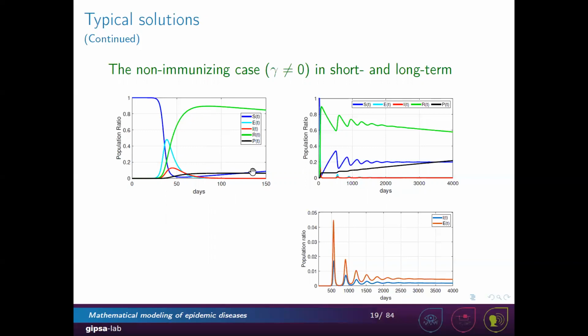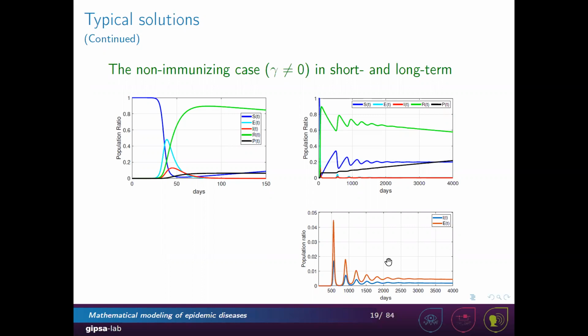If we extend the simulation period to, say, something like 10 years, 4,000 days, we can see that even in this simulation, we have repeated peaks of infected and exposed people. Of course, the period of repetition depends on the parameters that we select for the model. But even with this simple model, we can observe that multiple waves of infection can happen in time.